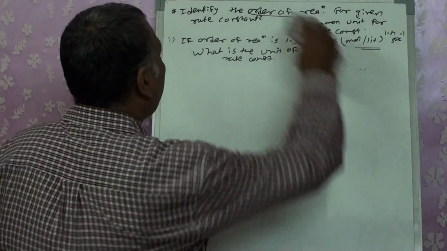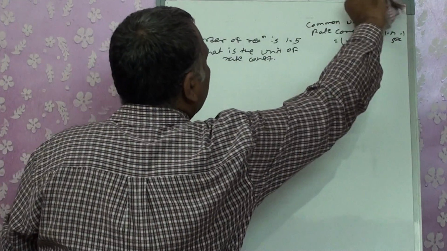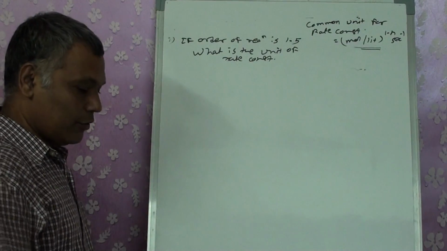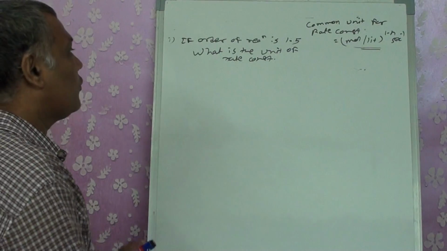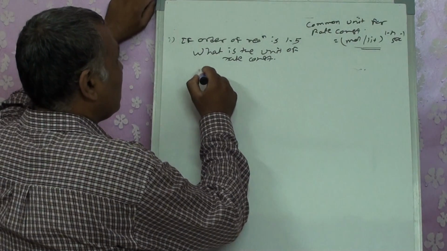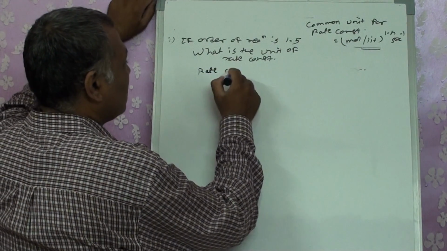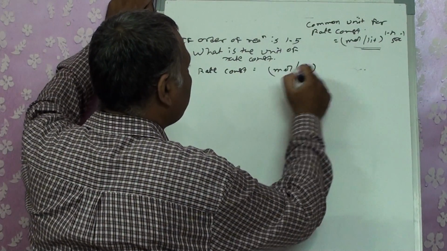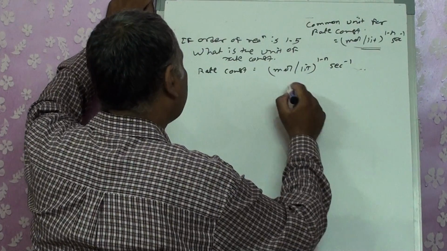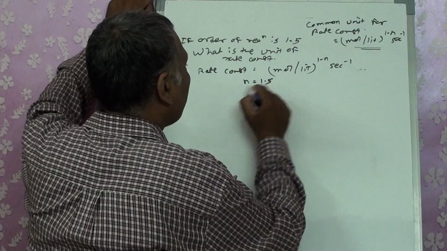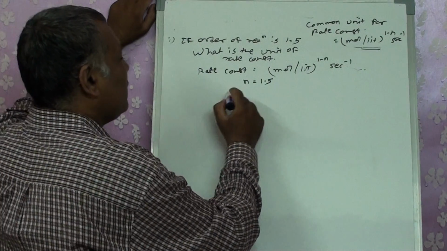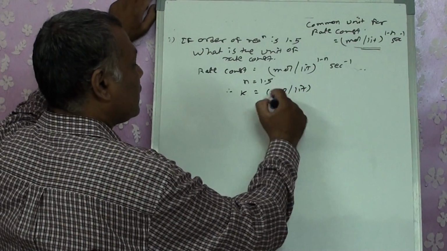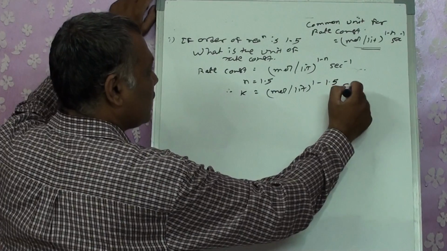I don't want to identify the order of reaction; the order of reaction is given as 1.5. What is the unit of the rate constant? So what to do? The rate constant has a unit of mole per liter raised to 1 minus n, second inverse. n is given as 1.5. Therefore the rate constant will be mole per liter raised to 1 minus 1.5, second inverse.